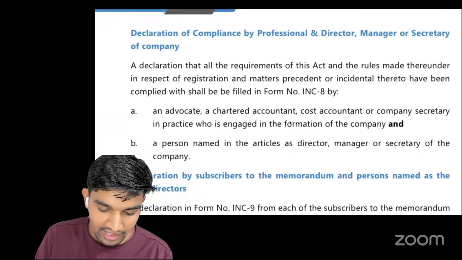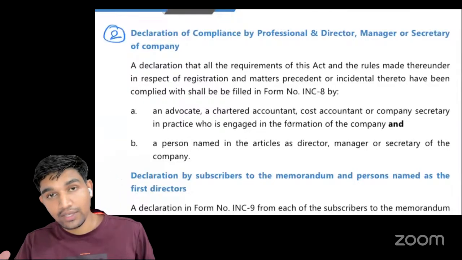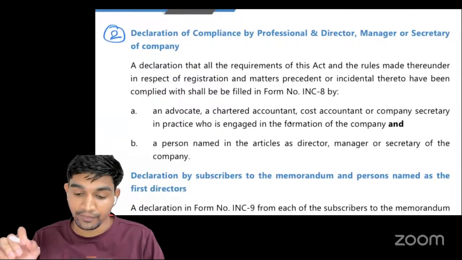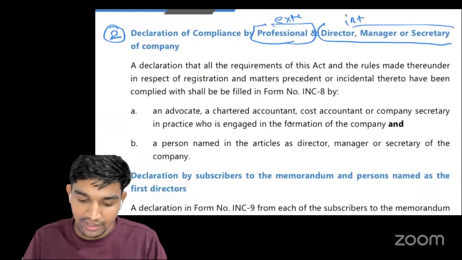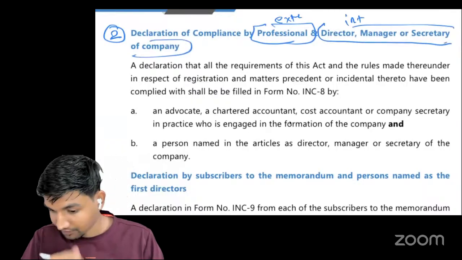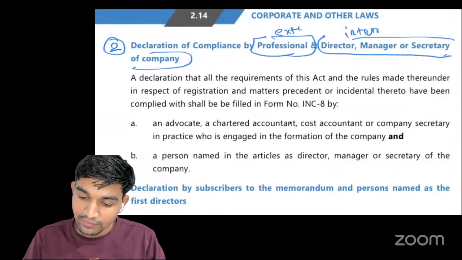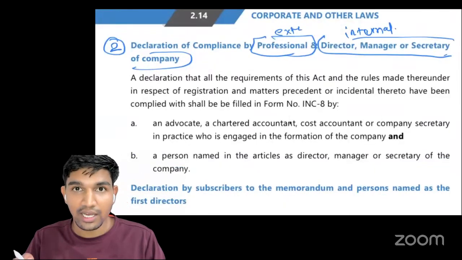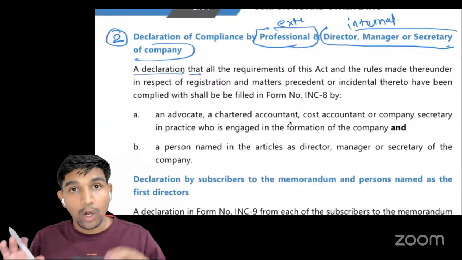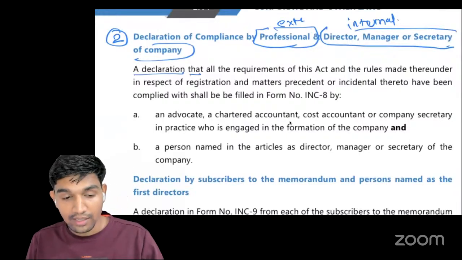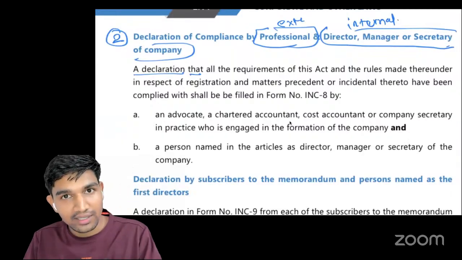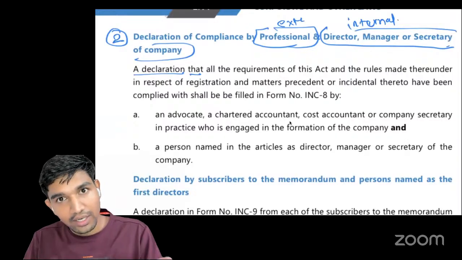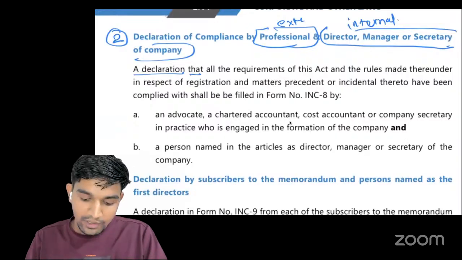Now, the second thing that we need to file with the registrar is the declaration of compliance by a professional, this is external, and by a director, manager, or company secretary, these are internal. So what declaration do they have to give? A declaration that all the requirements of this Act and the rules made thereunder in respect of registration and matters incidental thereto have been complied with.